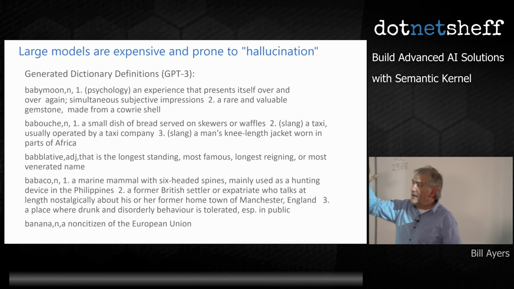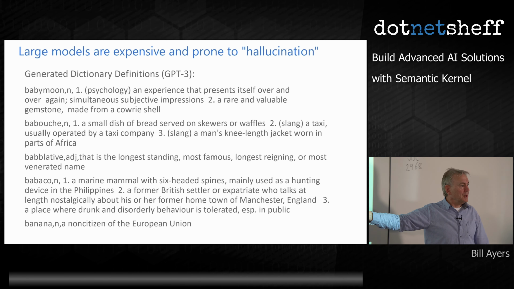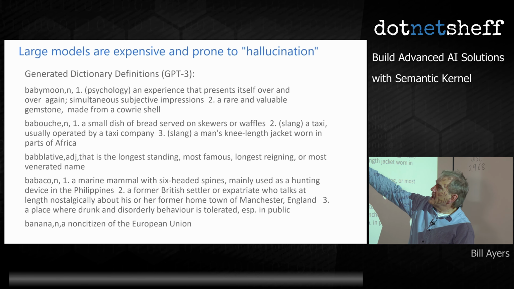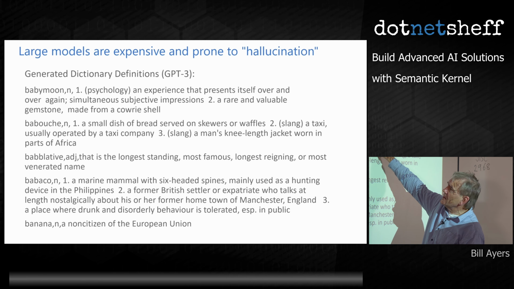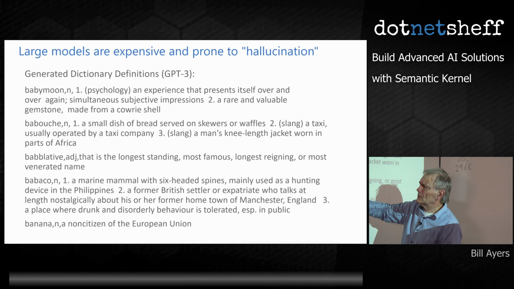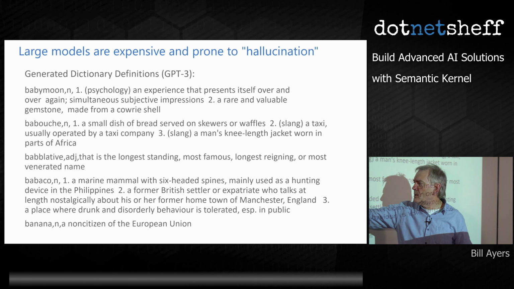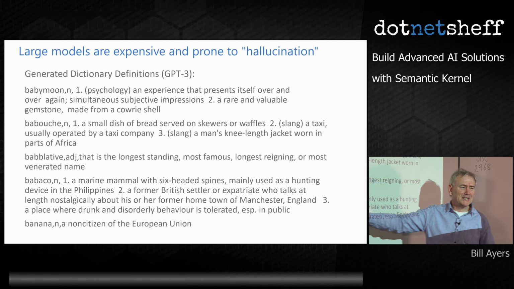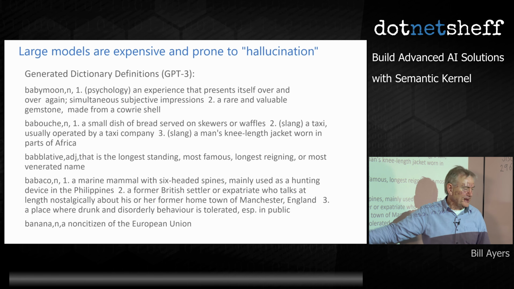So with GPT-3, half the answers were reasonable. Half of them were things like, baby moon: psychology, an experiment that presents itself over and over again, simultaneous subjective impressions. This is a good one. Babaco: a marine mammal with 6-headed spines, mainly used as a hunting device in the Philippines.